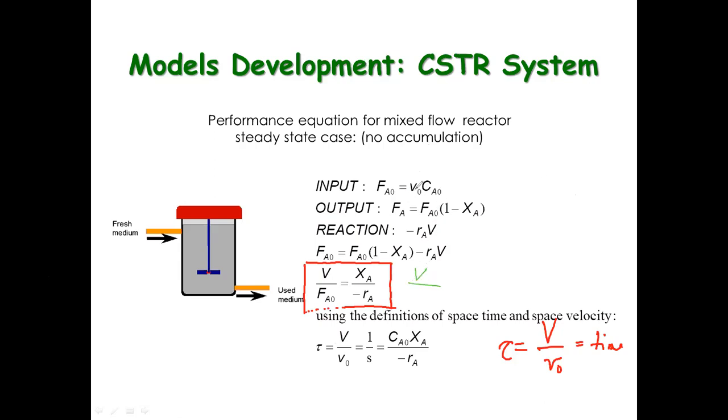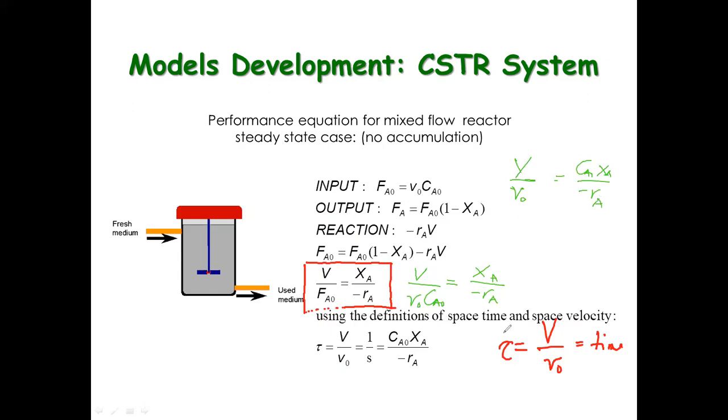You see this one, the v sub O CAO, and you have XA over the rate. I think it's very easy. Now, if I transfer this one here, I'll write here V over v sub O, small v sub O, equal to CAO XA over the rate.